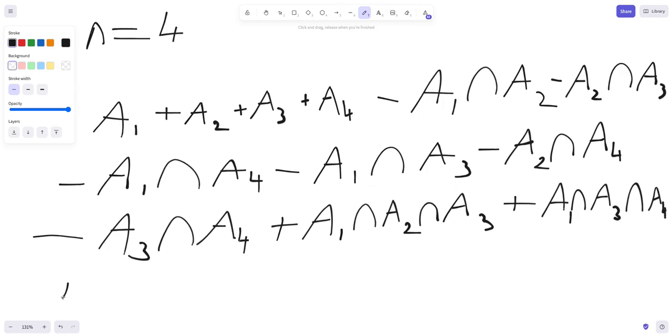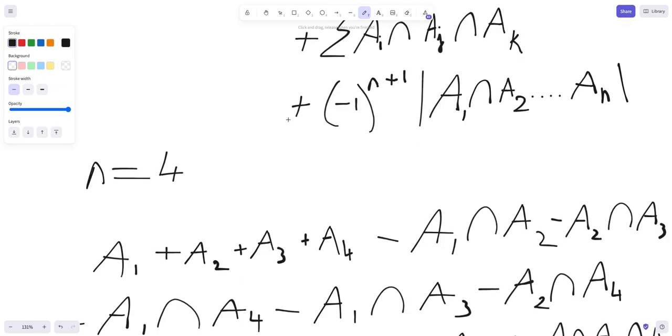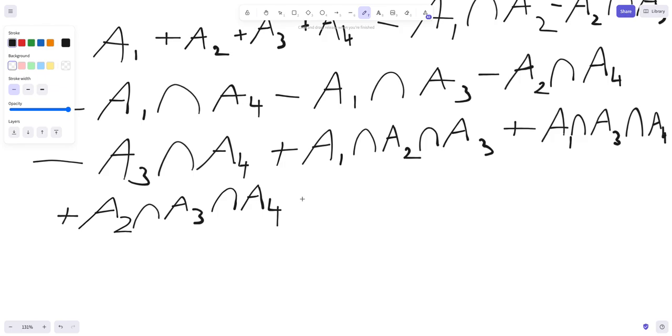And we could also have A2 intersection A3 intersection A4. And then since n is equal to 4, minus 1 to the power n plus 1 would be negative. So we do negative, and then we do all the intersections that we have. So that would be A1 intersection A2 intersection A3 intersection A4.